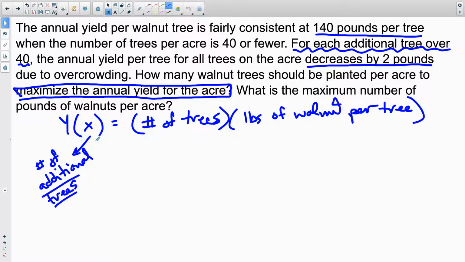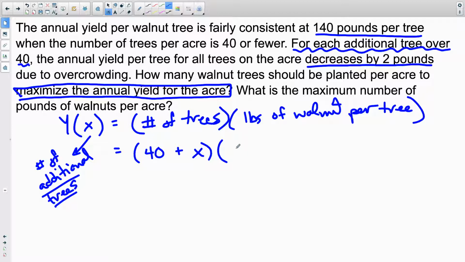That's our independent variable. So we know that there are 40 trees on the acre right now, but we can add a certain number of trees. The more trees you plant, the more walnuts you get. But at a certain point, when there's overcrowding, you get less. So if we add X more trees, what happens to the pounds of walnuts per tree?